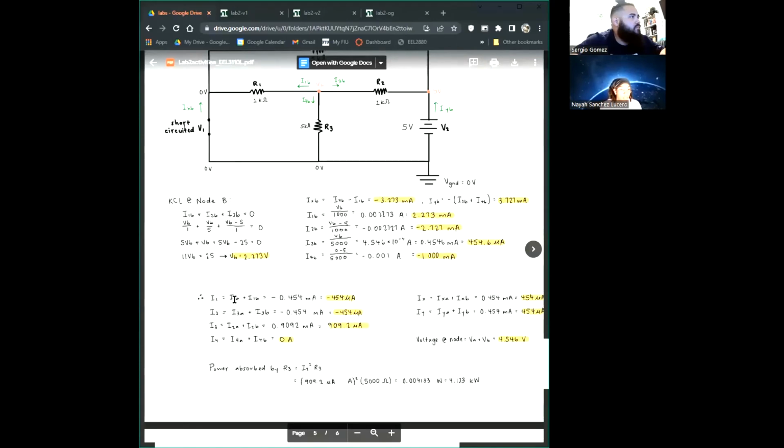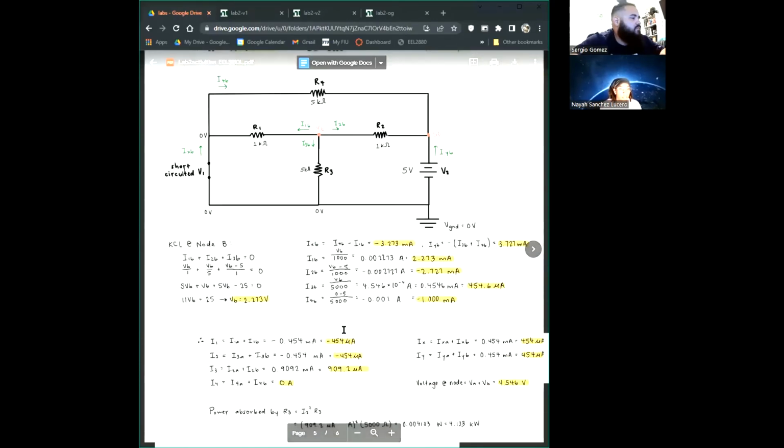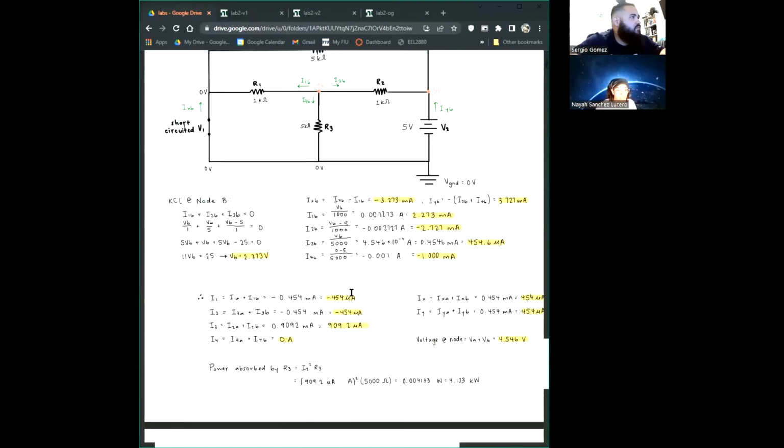So for the currents, you add up the current you got for this circuit and the current you got for this circuit. You end up with negative 454 microamps for current 1. For current 2, you get negative 454 microamps as well. And negative just means that instead of these currents coming out of the node, they're actually going into it.